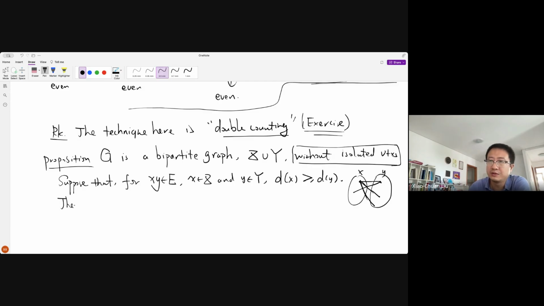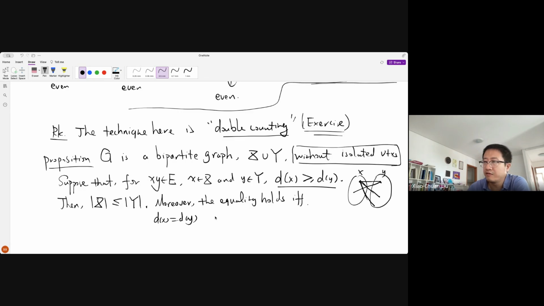So the conclusion: the size of X is smaller or equal to the size of Y. And moreover, the equality holds if and only if d(x) equals d(y) for all xy in E. So if this inequality is an equality for every edge xy, then |X| equals |Y|.